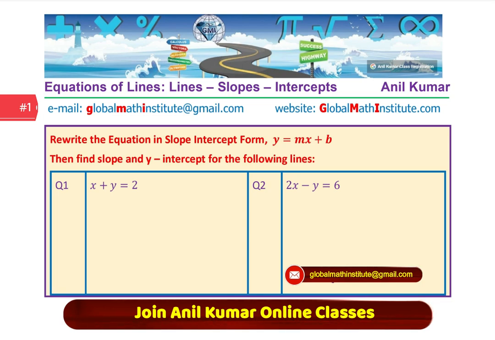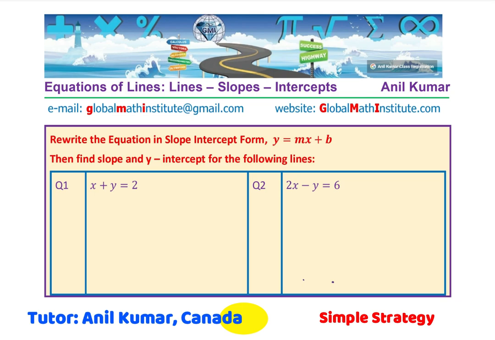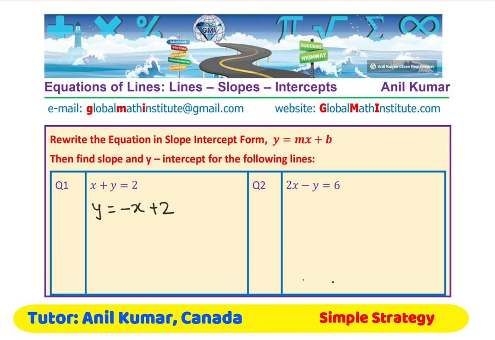x plus y equals 2. Now to write it in slope-intercept form, we basically need to isolate y, right? Make it the subject. That is what we need to do. To make it the subject, I can take x to the other side and write it as y equals minus x plus 2. Clear? Now, as soon as you write it as y equals minus x plus 2, you can actually compare with the slope-intercept form, which is y equals mx plus b.